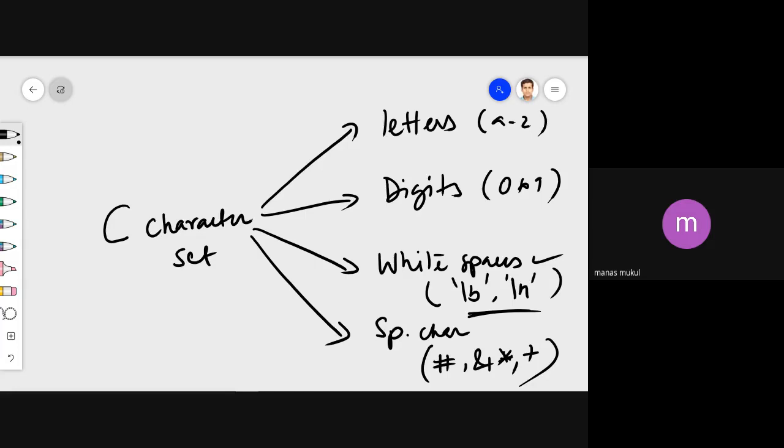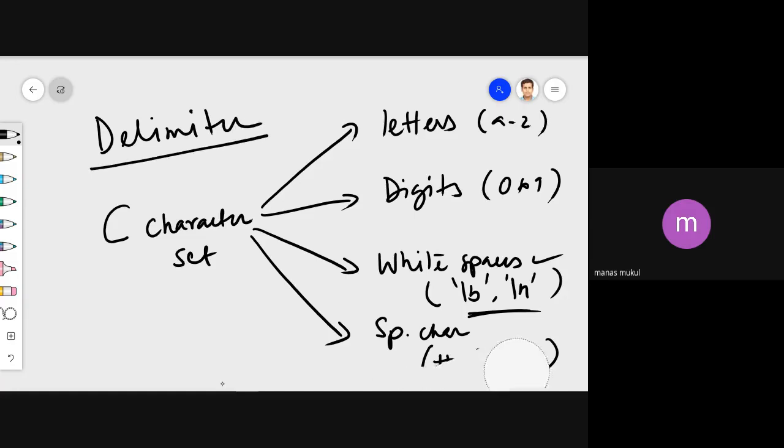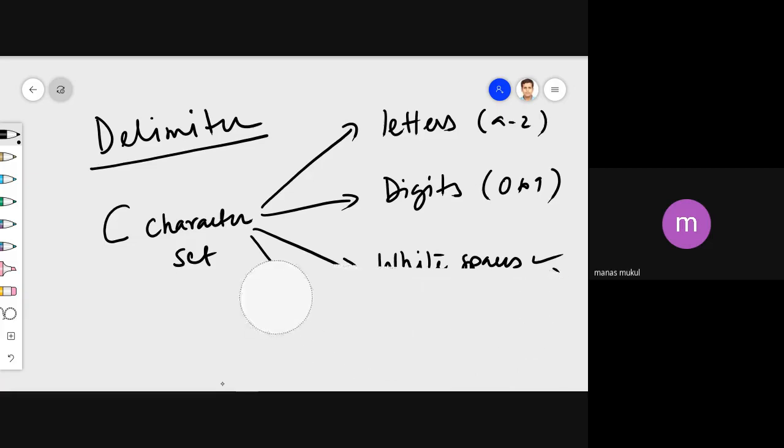All right. Now, there is a very special kind of symbols which the C programming language uses, called delimiters. Okay, what exactly is a delimiter? Can anyone tell me what the meaning of delimiter is? Now, don't think in terms of programming.